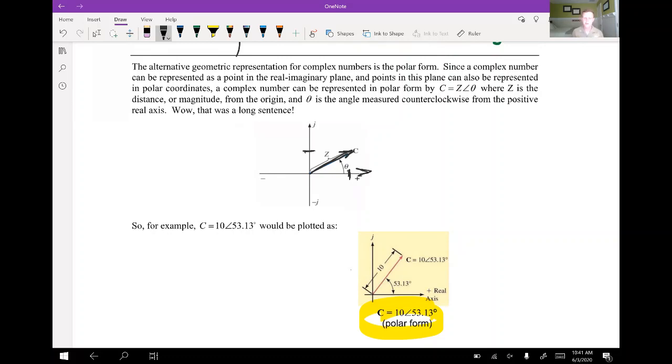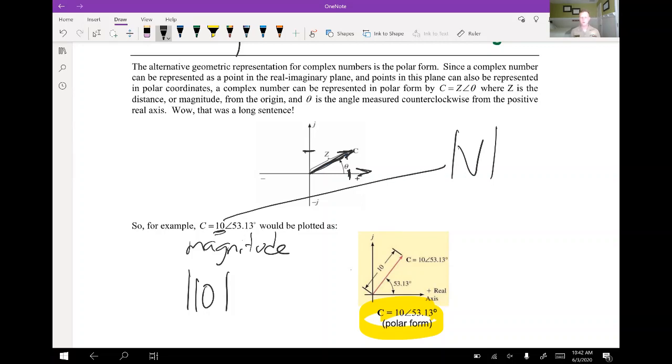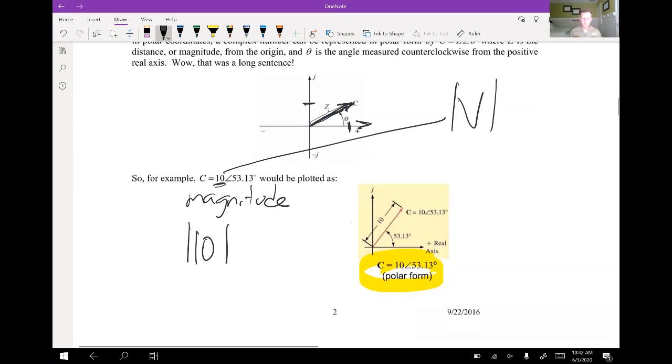So relative to the real axis, going counterclockwise, we can find where the arrow ends or where it's crossing. So here is 10, that's a magnitude. And often in this class, we'll see it as an absolute value. So we could put it like absolute value 10, that would mean magnitude. If we said the magnitude of V, then that would be this right here, right? So we can follow 10 is the length, 53.3, follow 53.3 up. There's 10 is the length.